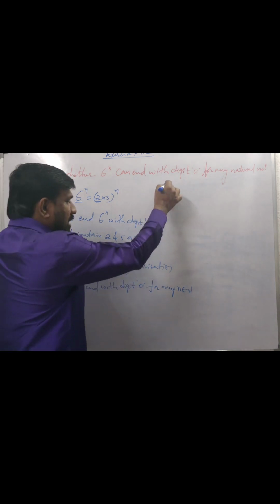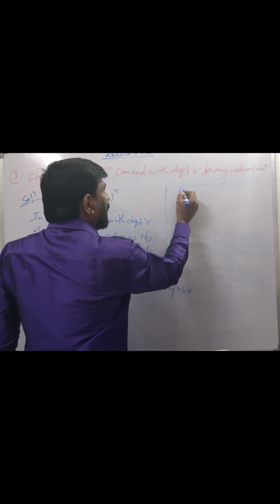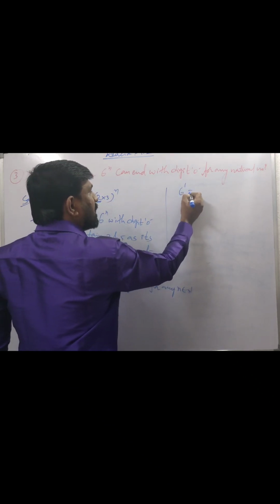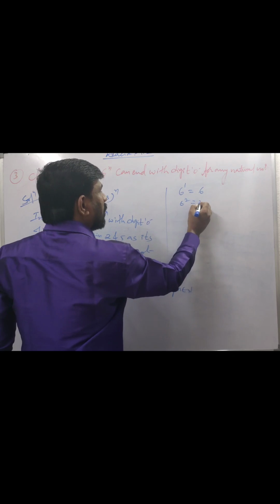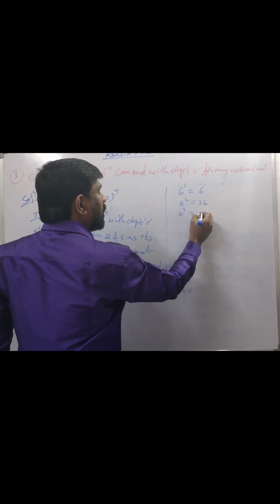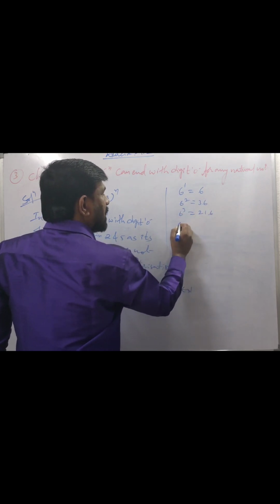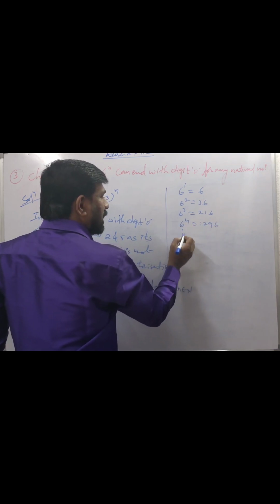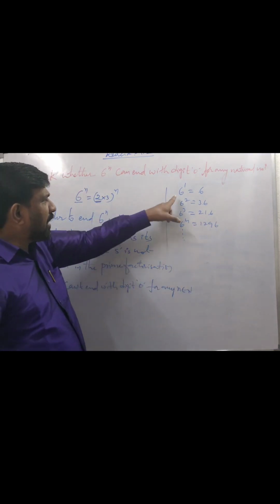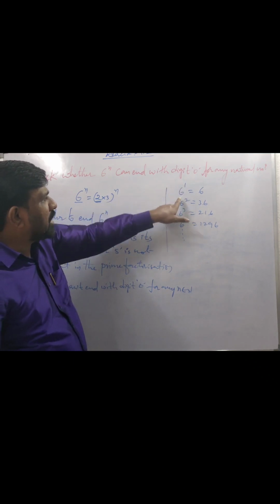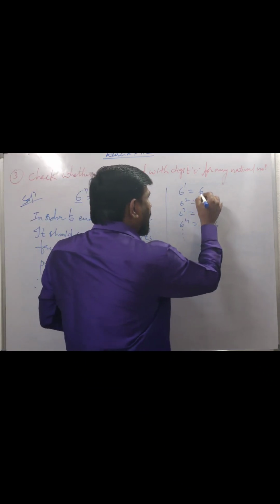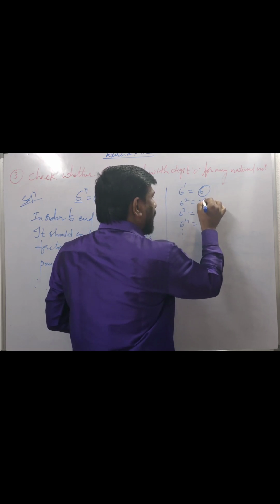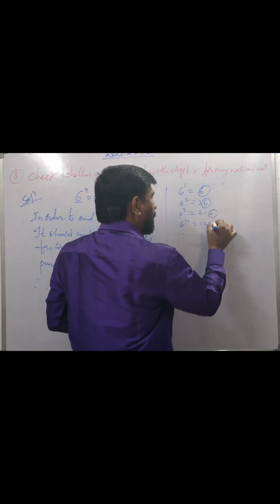In another way, take 6 to the power of a natural number. 6 power 1 is equal to 6, 6 power 2 is equal to 36, 6 power 3 is equal to 216, 6 power 4 is equal to 1296. You take out like this, any power: if 6 is raised to any natural number power, it will always end with the digit 0. No, sorry, it will always end with the digit 6.